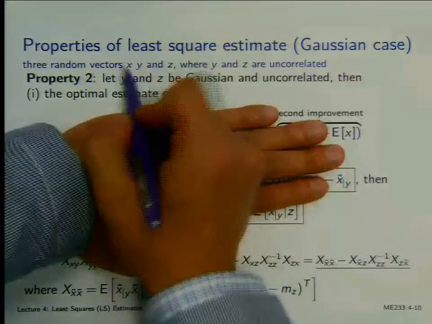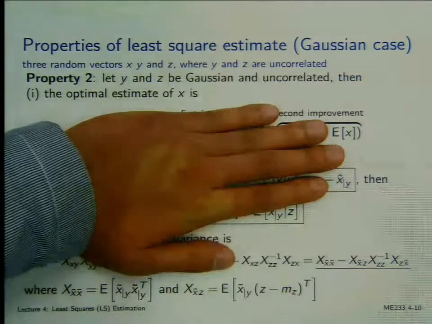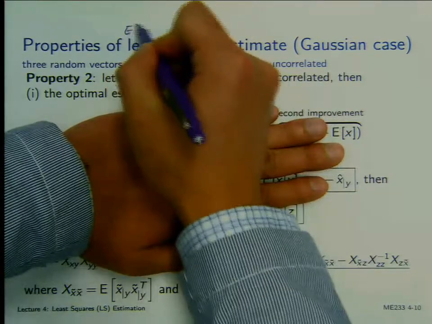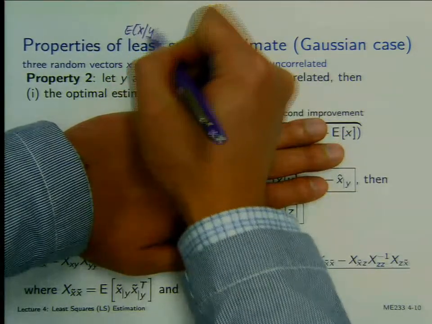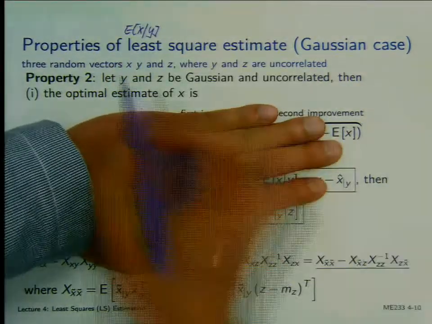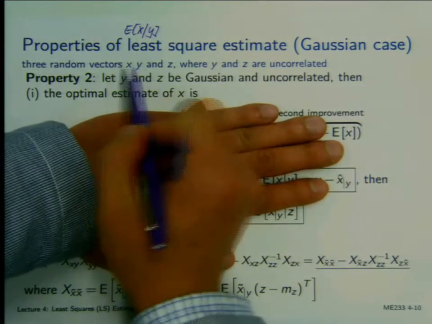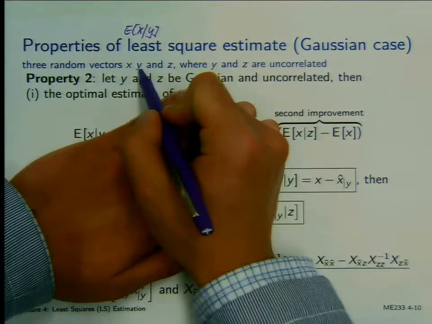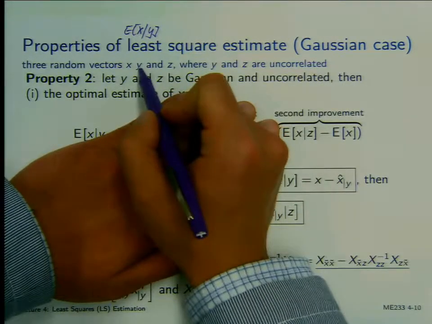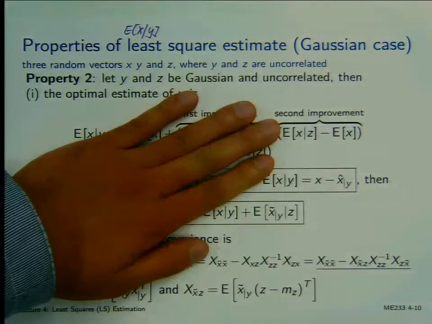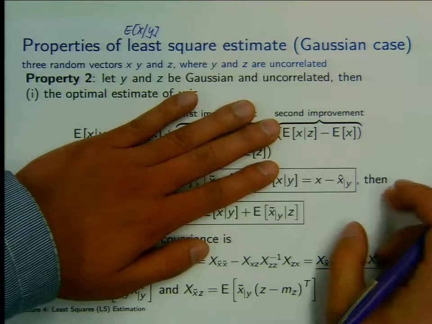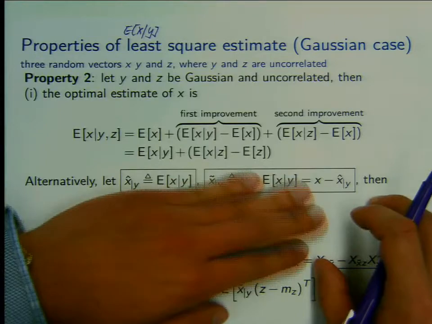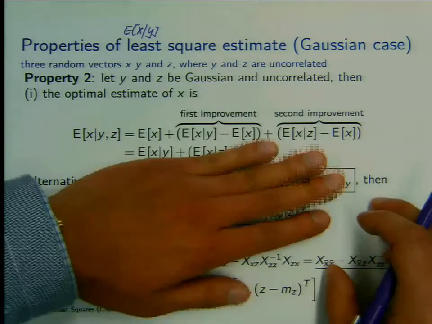So that's the first case. If we just have x and y, I just have to consider the estimation of x conditioned on y. Now, think about the situation: what will happen if I have two measurements, y and z? Y and z will both give me information about x.